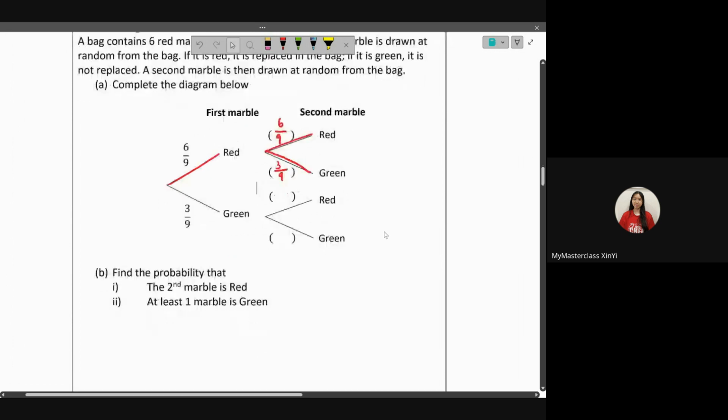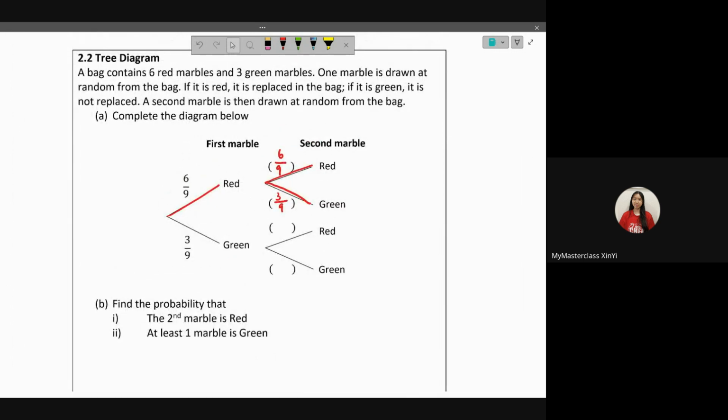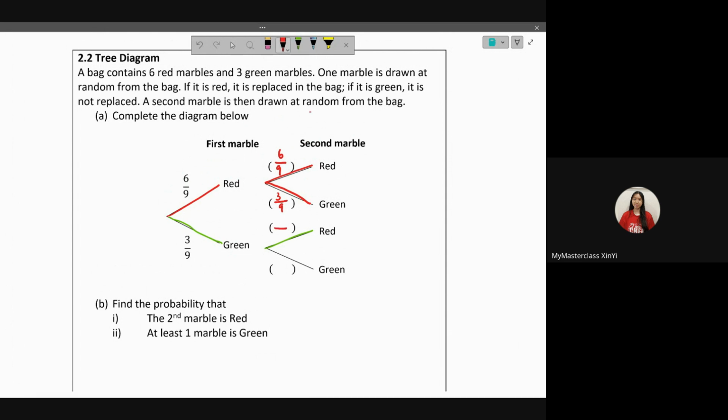Then if you draw green in the first draw, the chance is 3 over 9. But the condition here is if it is green, it is not replaced. So the second marble is then drawn at random after this. For your green marble, if it's not replaced, you are left with just 8 marbles in the second draw.